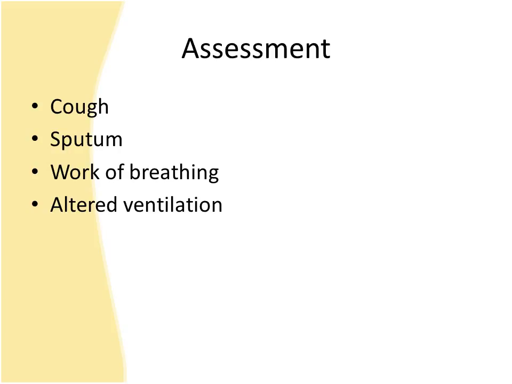With sputum, when we're describing it to document it or to describe it to another healthcare professional, it can be described as mucoid, meaning it's white, maybe grayish, but almost see-through, translucent.